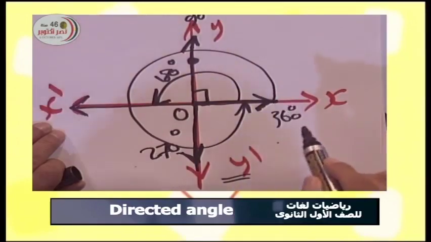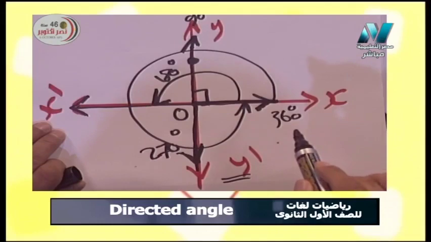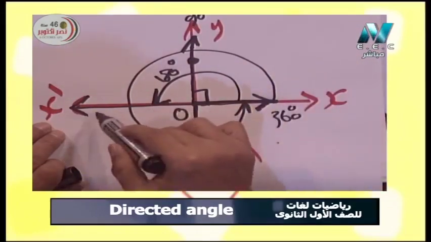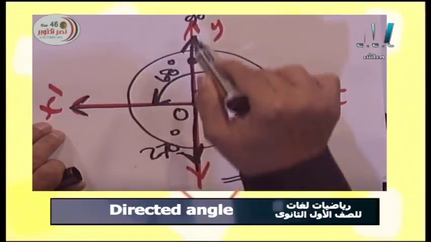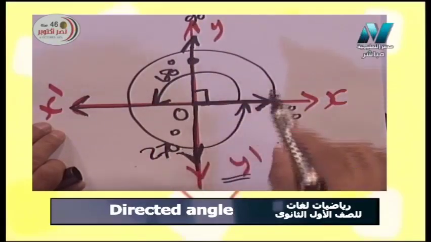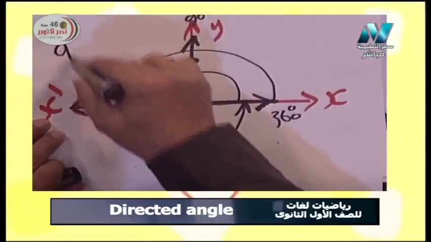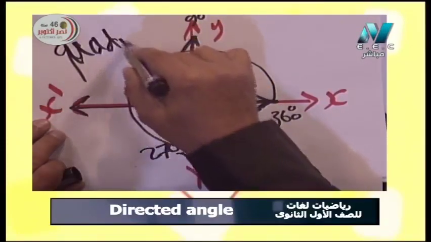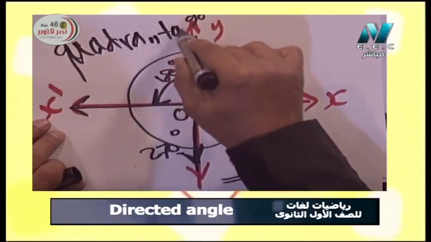So any angle whose terminal side lies on the x-axis or y-axis, we call it a quadrantal angle.